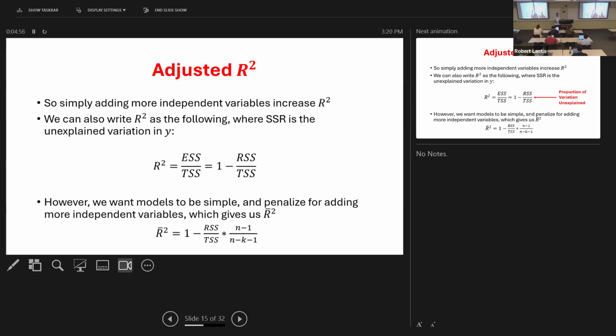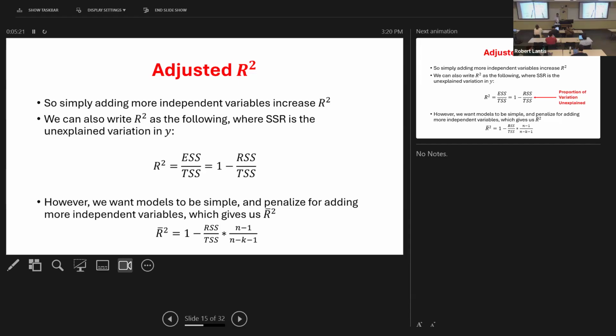Because I'm essentially just multiplying this by 1, and if this was 1, I'd have the equation that just gives me my regular R squared. So this is another situation where we have a statistic that's influenced by the sample size. The higher the sample size, the closer my adjusted R squared will get to my actual R squared.